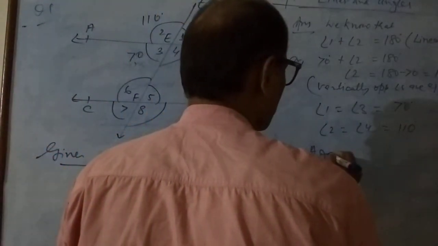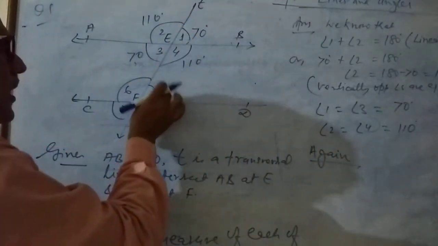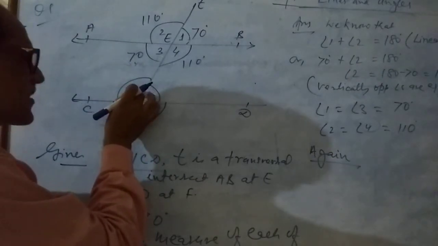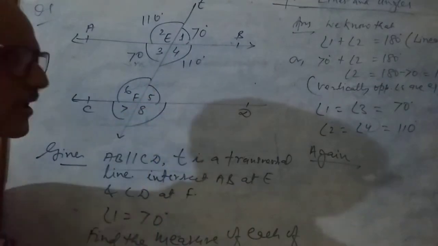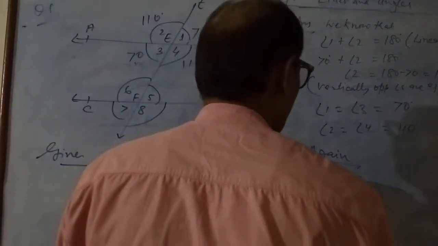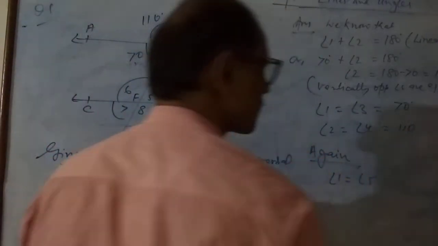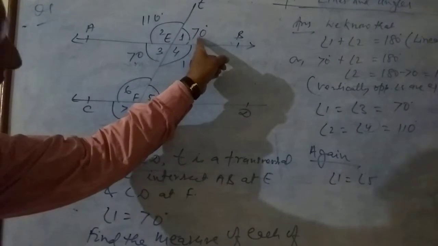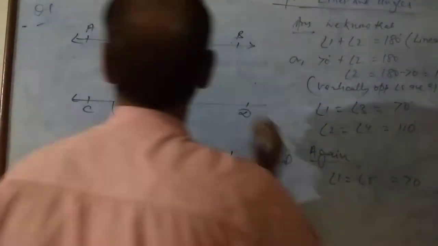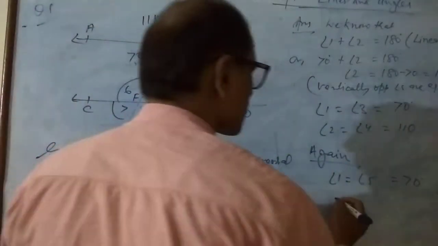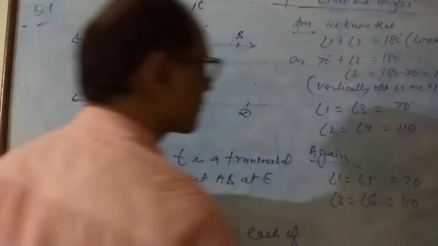Again, angle 1 is equal to angle 5, angle 2 is equal to angle 6, angle 3 is equal to angle 7 and angle 4 is equal to angle 8. Angle 1 is 70 degrees, so angle 5 is also 70 degrees. Angle 2 is equal to angle 6, 110 degrees.